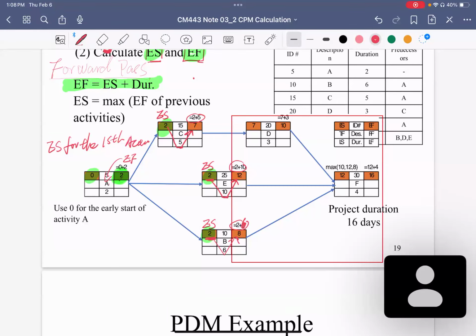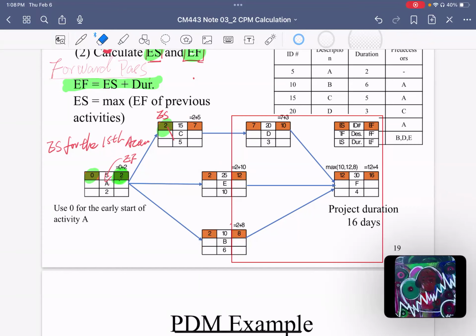Okay, so that's how we get the numbers for C, E, and B. We continue doing this.